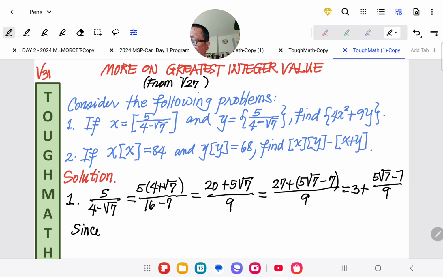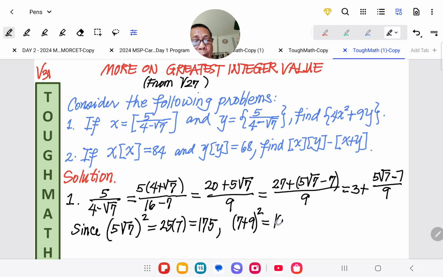Since 5 square root of 7 squared is equal to 25 times 7, which is 175, and 7 plus 9 squared equals 16 squared, which is 256, and 175 is less than 256.